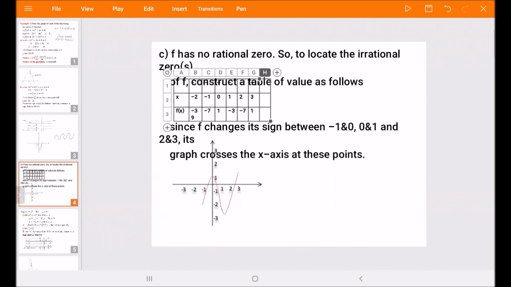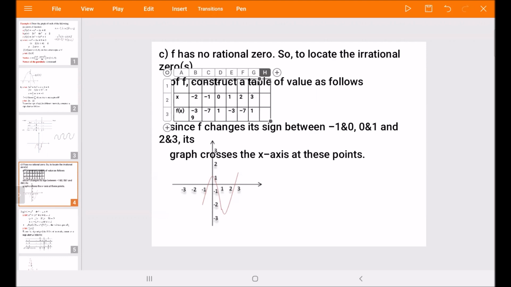So between 0 and 1, another irrational zero of this polynomial is obtained. Then, if you continue observing the last row of this table, f of x changes its sign between 2 and 3. At x equal to 2, its value is -7, but this value changes into +1 when the value of x is 3.